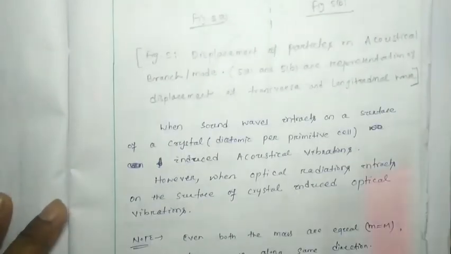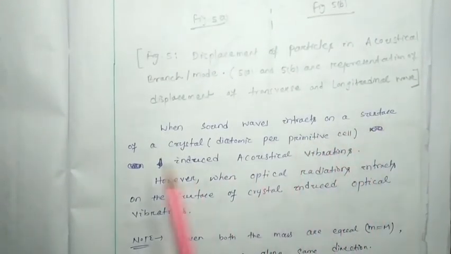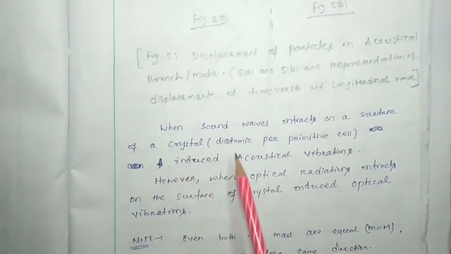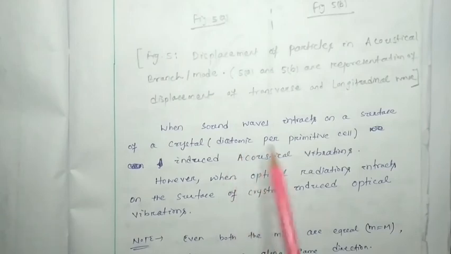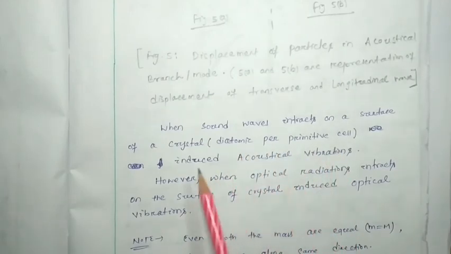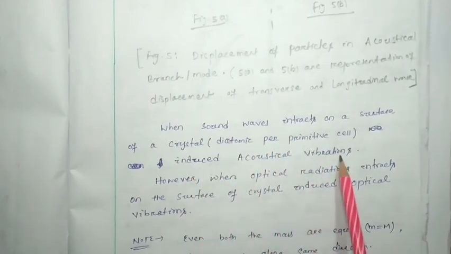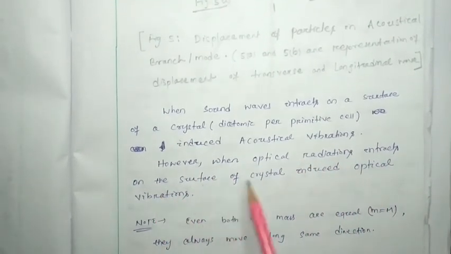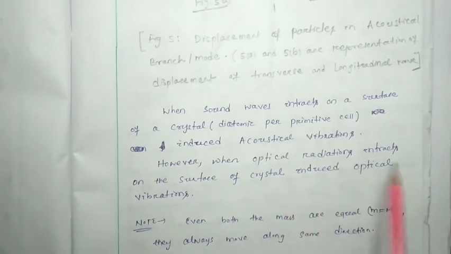So when a sound wave interacts on the surface of the crystal, diatomic, two atoms per primitive cell, it induces acoustical vibration. However, when optical radiation interacts on the surface of the crystal, it induces optical vibration.